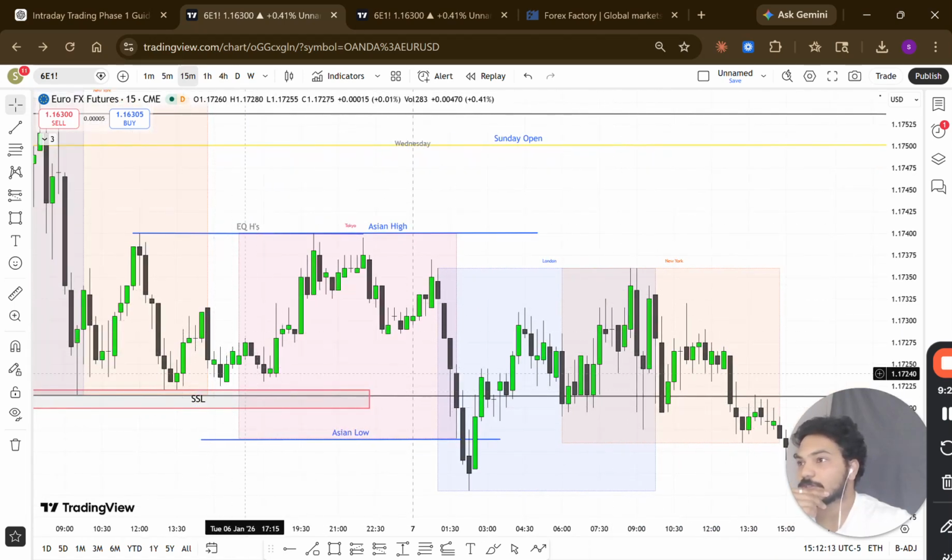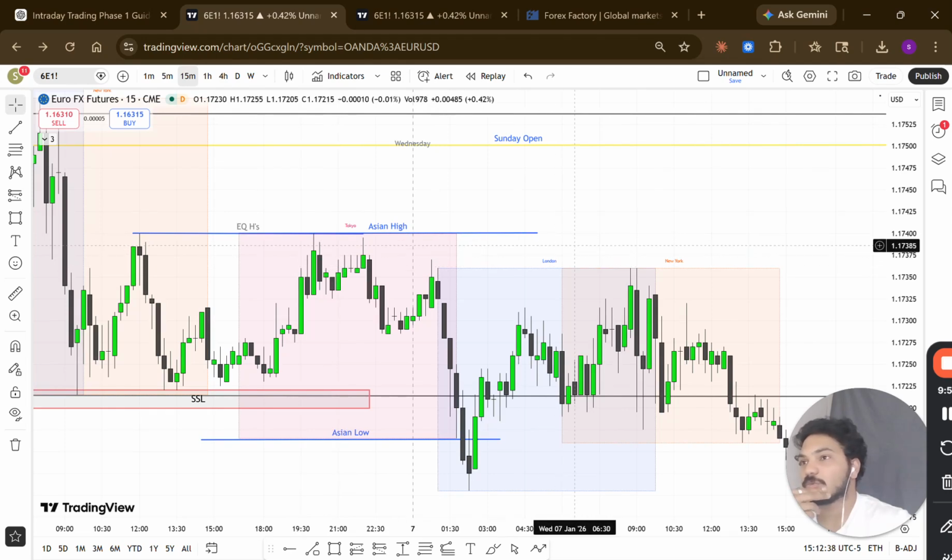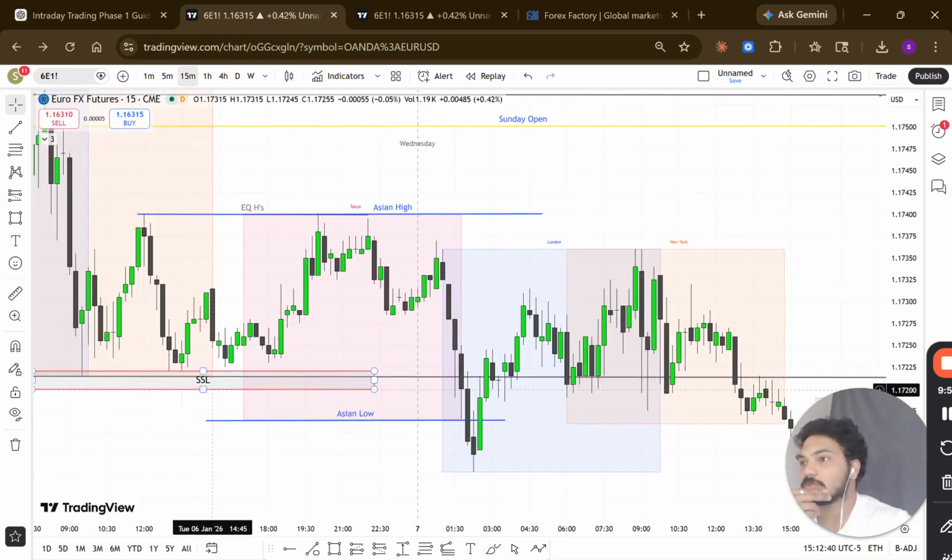The Asian candle opens here and tries to move towards the equal highs, fails to go above that because institutions are defending that price at the round number 11740, and from the London Open it went to find the sell side liquidity below the Asian low.